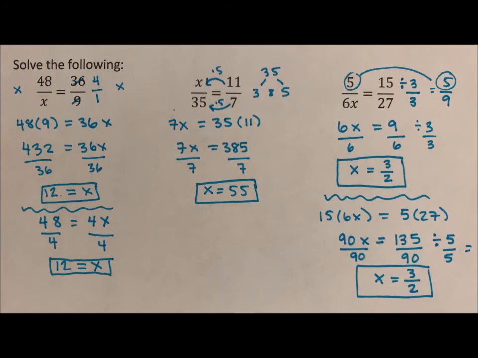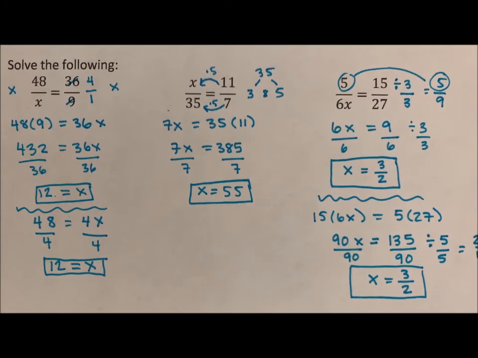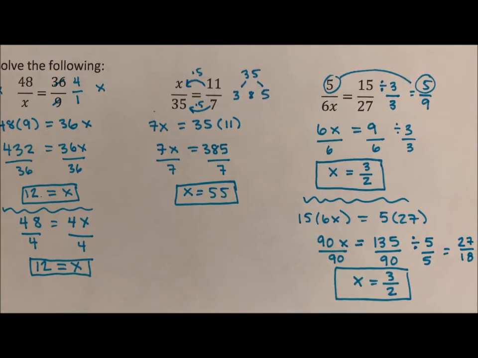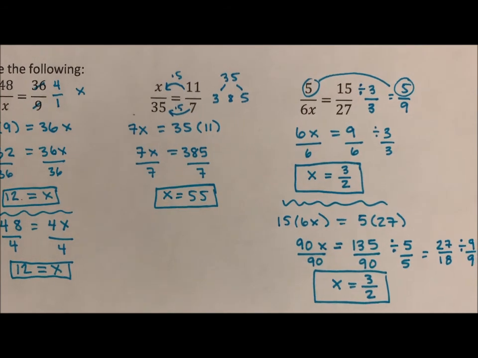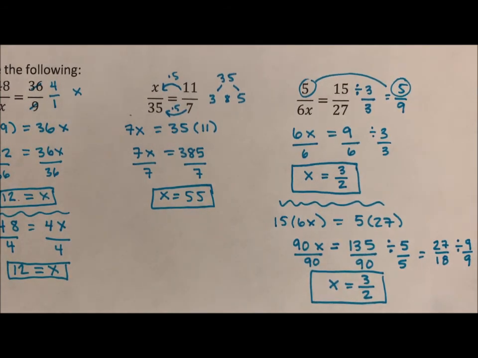And oftentimes reducing earlier is the easier time to reduce. So by not reducing earlier, you're not necessarily saving yourself any work, because eventually you're going to have to reduce this fraction down to 3/2.